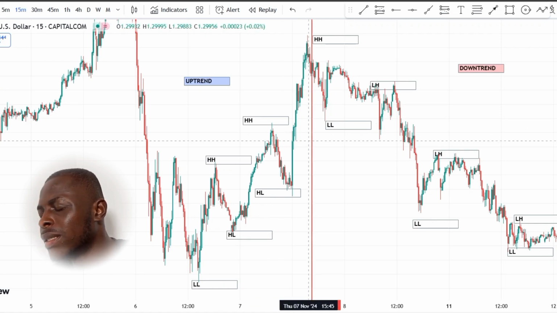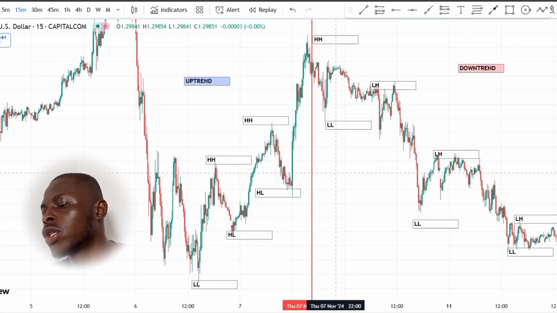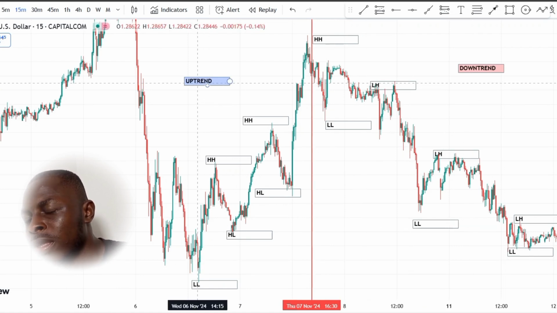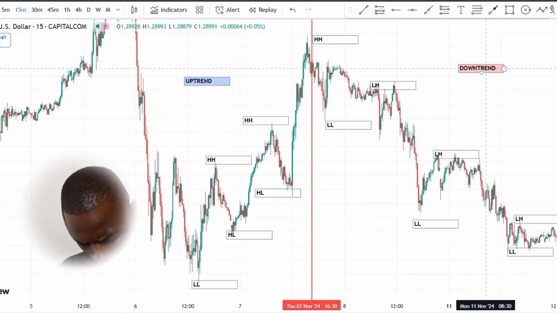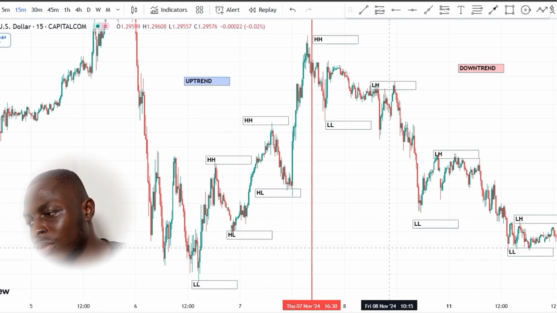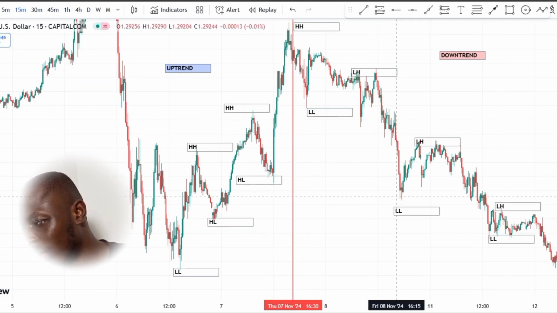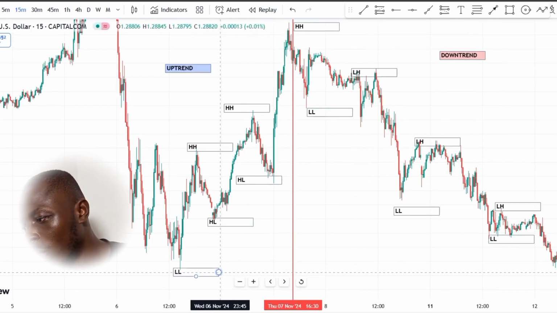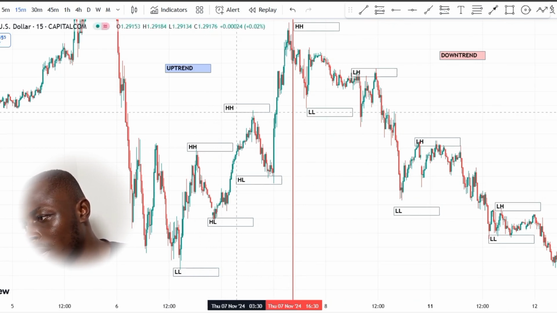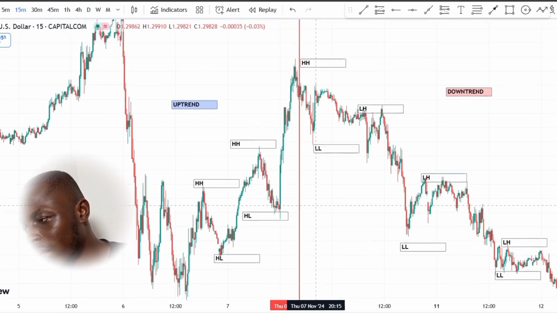Alright guys, this is the graphical representation of this uptrend. Now this is the uptrend, this is the downtrend. This is what it looks like in the chart. As I showed in the graphical example, lower low, this is the lowest point, higher high, higher low, higher high, higher low, higher high.